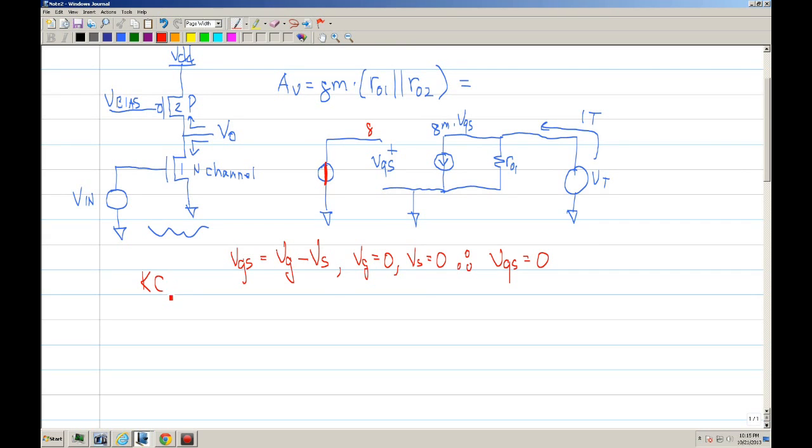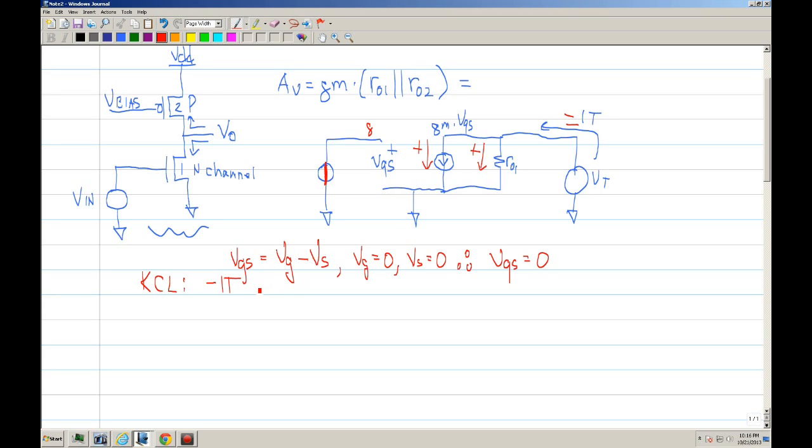Now we define the KCL at the drain, and we have three currents. We have the iT current, which is the negative current since it's going into the node, and then a current going through r1, and of course we have gm vgs.